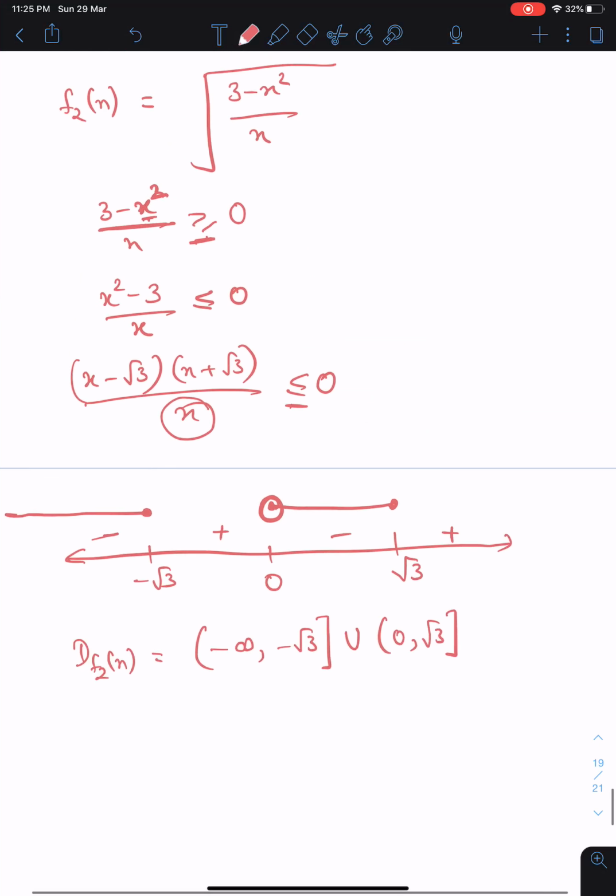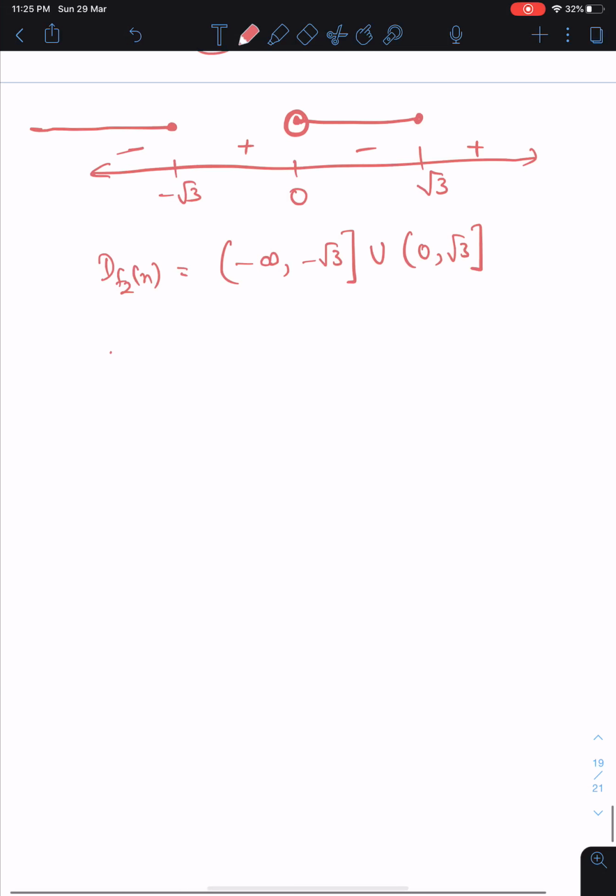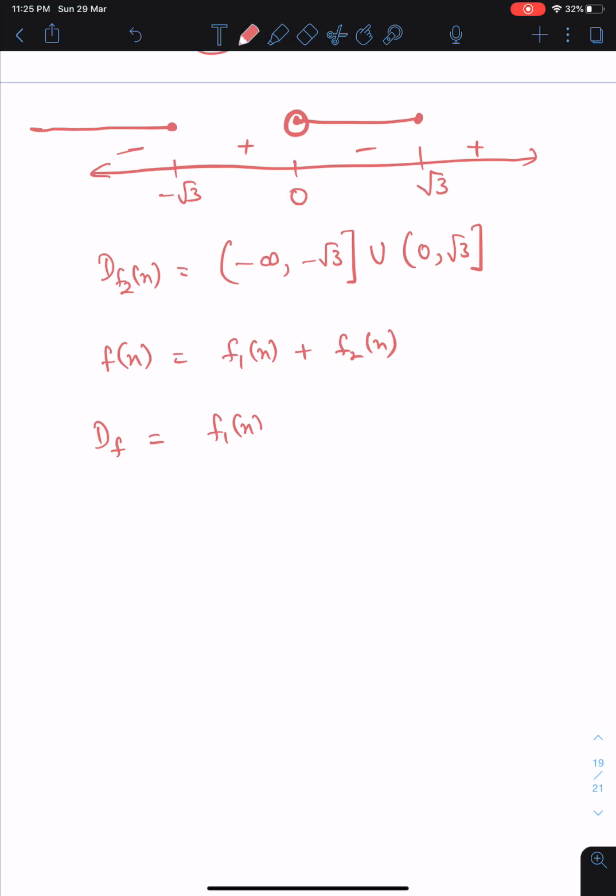Now you have the domain of f1(x) and the domain of f2(x). Now understand one more concept. Your f(x) function is combining f1(x) plus f2(x). So the domain of f will be the intersection of the domain of f1(x) and the domain of f2(x).